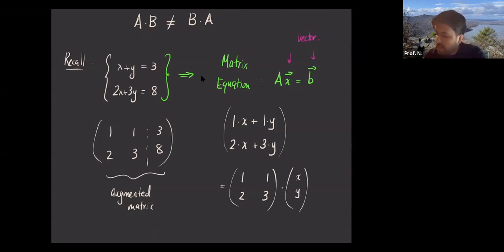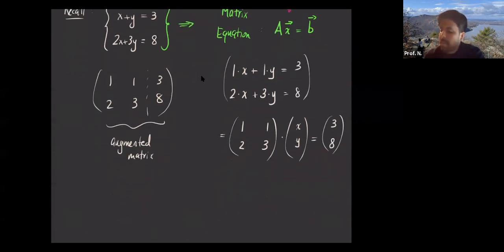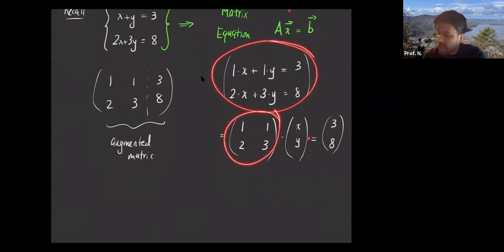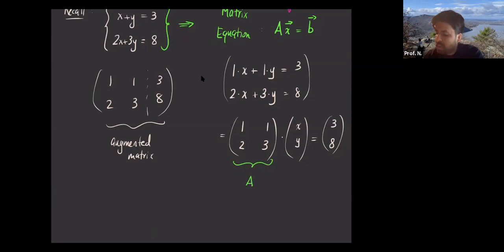And this equals 3, 8, because this is what the system is saying. Do you see how I'm able to break this down into a matrix A times a column equal to another column? So this here is my A, my coefficient matrix. This here is my variable vector, and this is my other vector, or 2 by 1 matrix. Do you guys see that?